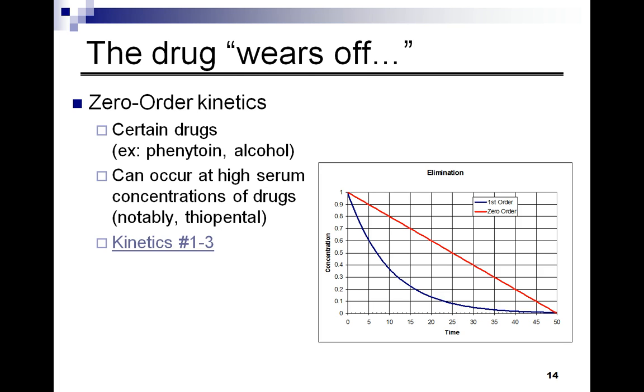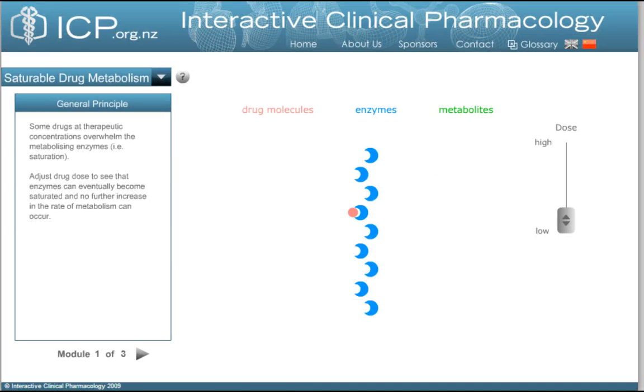The reason we should pay attention to zero-order kinetics is because at high serum concentrations of certain drugs, metabolism can change from first-order to zero-order kinetics. And let's take a moment to see why that's important. Here you can see a drug being metabolized by some enzymes, let's say in the liver, into a metabolite.